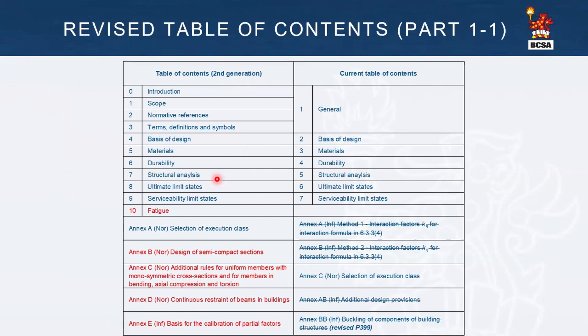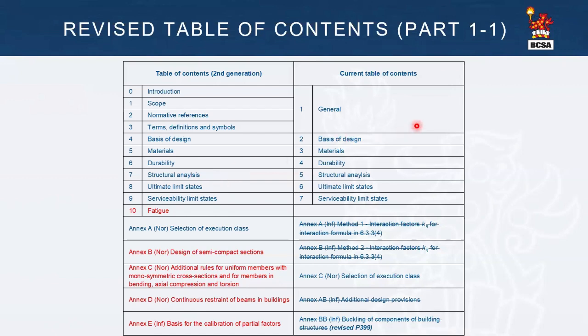Now, the Eurocode standards, not only Eurocode 3, but all Eurocode parts in general, will follow the same sequence to make it easier for designers to locate the same design information in each of the different standards.